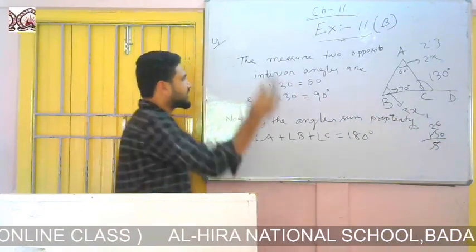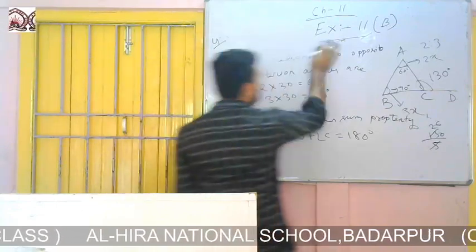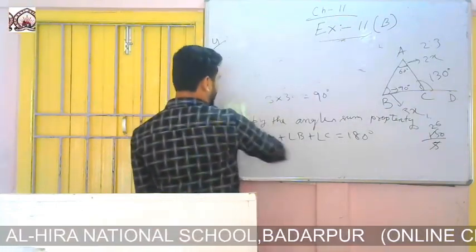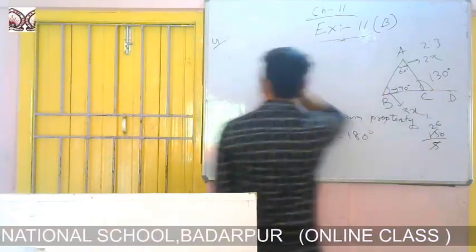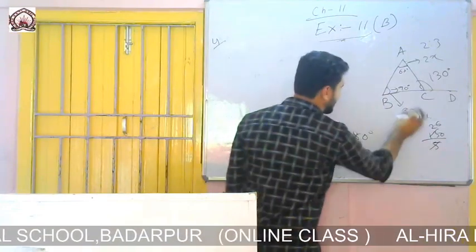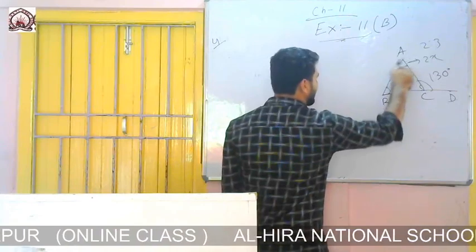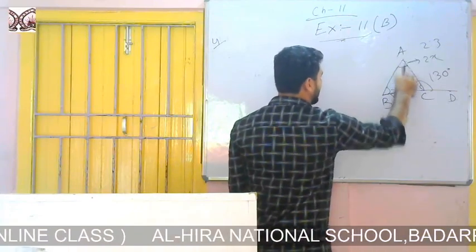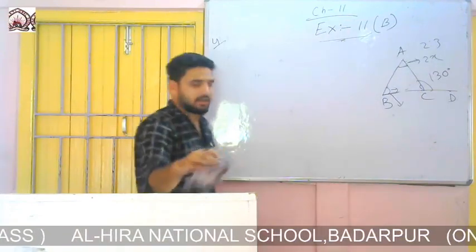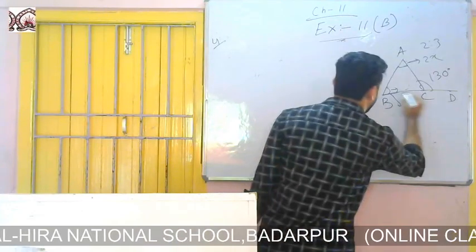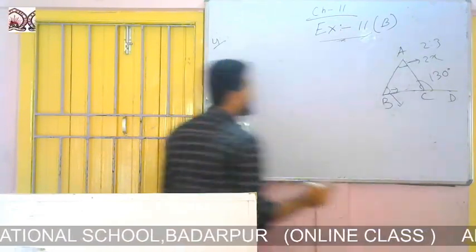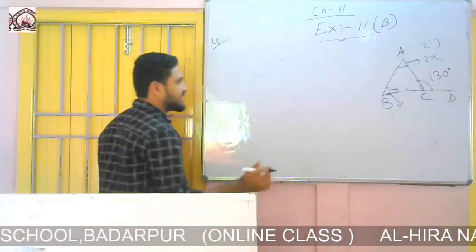Sorry, you just do the maths again. I have done wrong maybe. Just do the maths again. I have written 26 degree, but I wrote wrongly 30 degree. So write again.